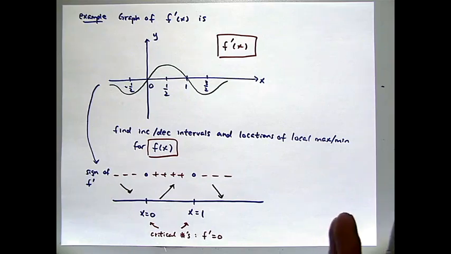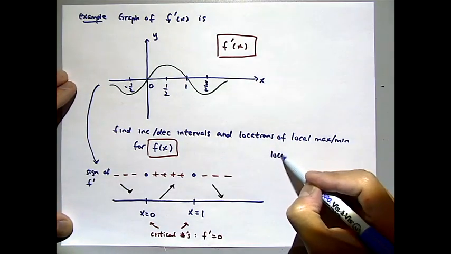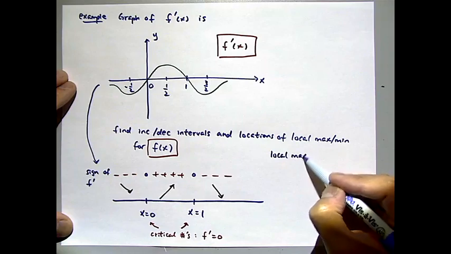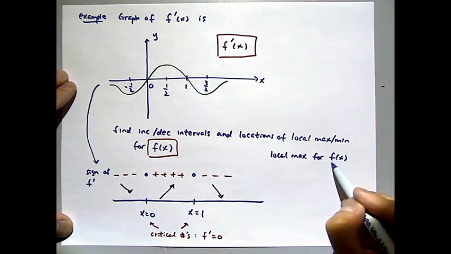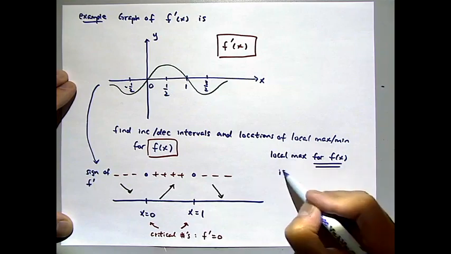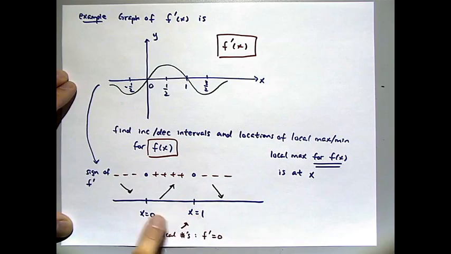Now, based on this chart, we do what we have been doing on the last two examples. Looking at how the signs are changing, we can find out where the local max and min can be. Based on this, the local max for the original function f of x is at x equal to 1, increasing before, decreasing after.